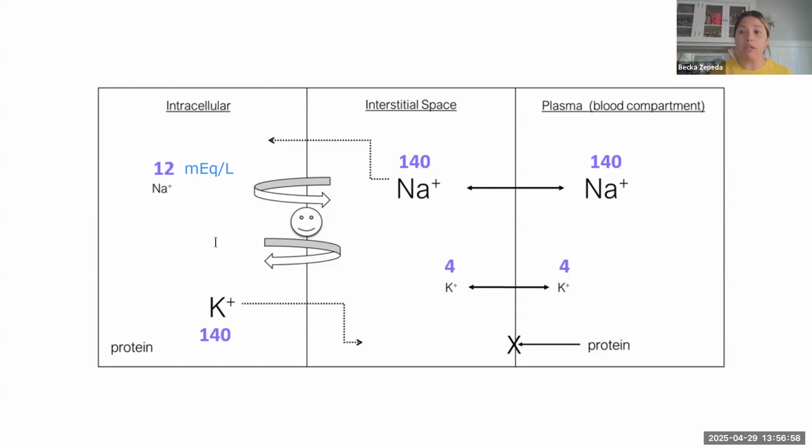So sodium for depolarization, sodium into the cell, and then potassium for repolarization, which is potassium out of the cell. So that kind of gives us reasoning why we have these values here for sodium and potassium.